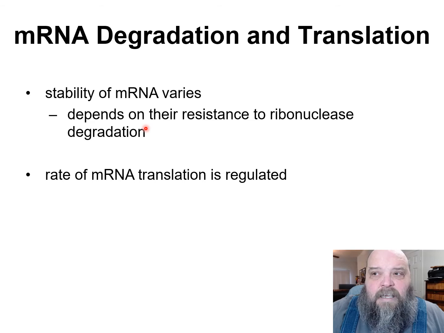DNA has the double helix that can help stabilize it more, but the RNA is a single strand. To get some stability in that single strand, that nucleic acid strand, it will bend back on itself and form those stems and loops. Well, the more stem loops and certain structures within those stem loops, the greater the stability.